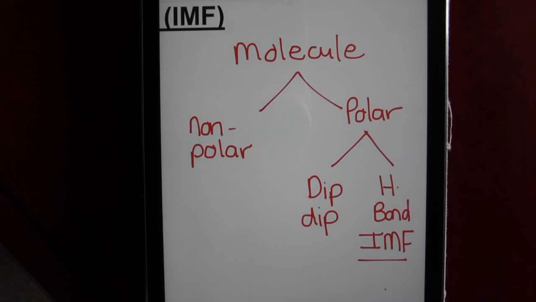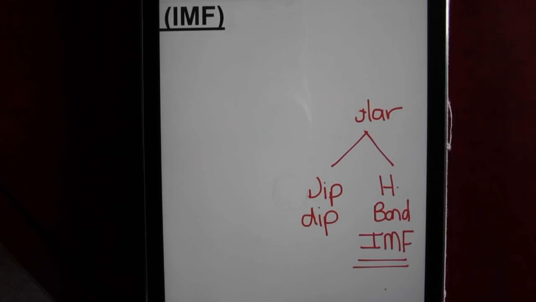For each of these, I'm also going to abbreviate intermolecular forces as IMF. It's not a standard abbreviation, but if you give a key in the beginning of the question, you're also welcome to abbreviate.